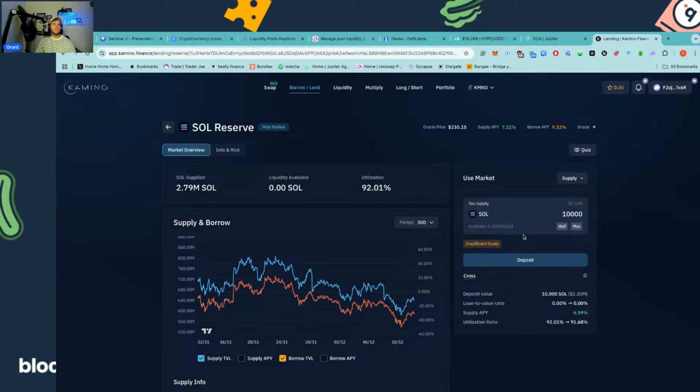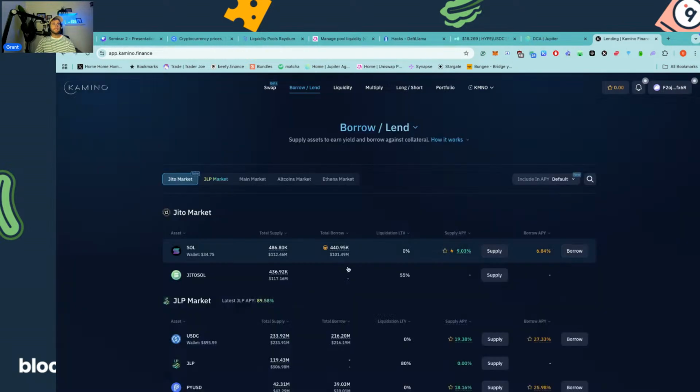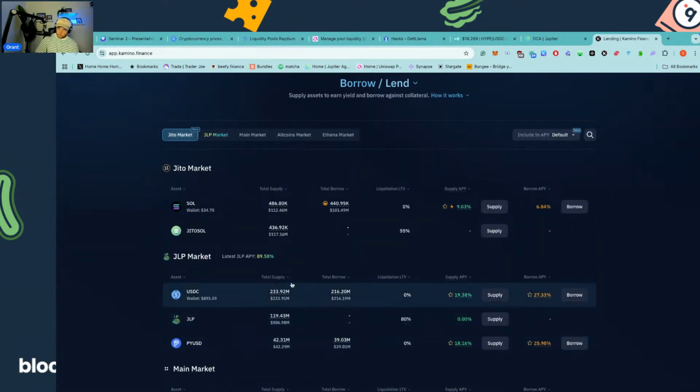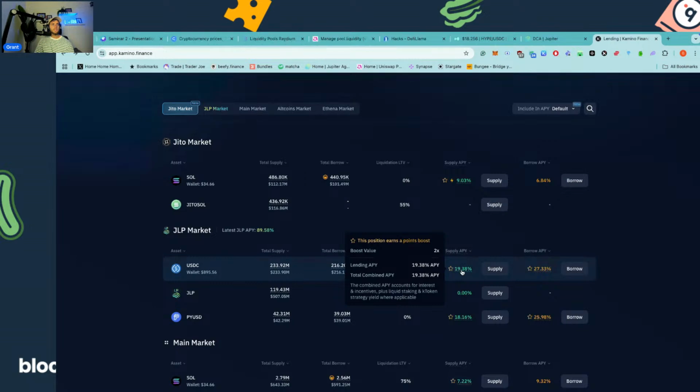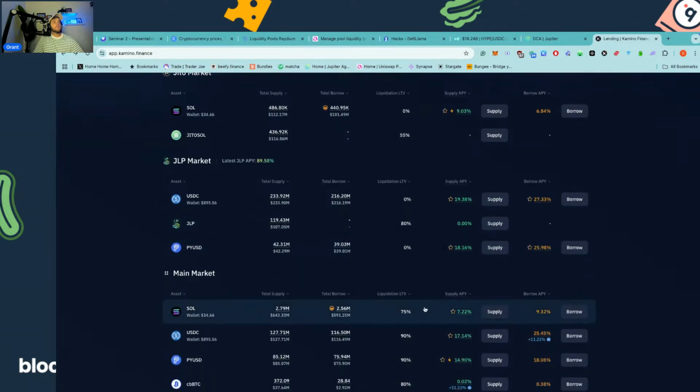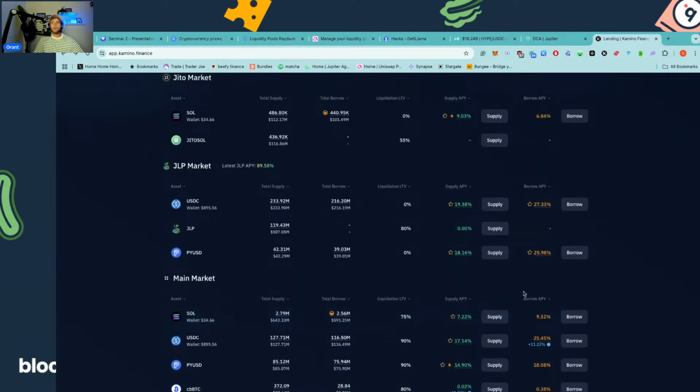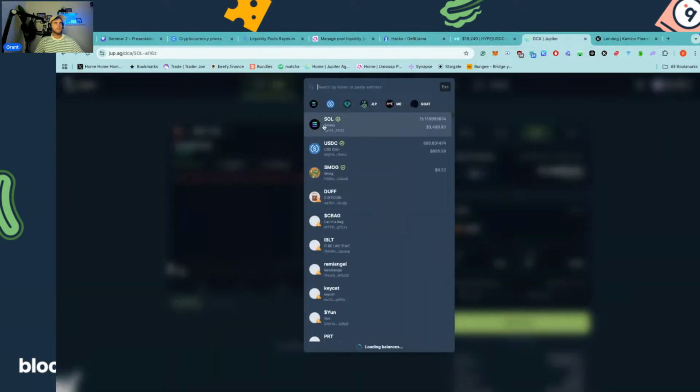So, all right, what happens if we deposit stablecoins in? We can deposit stablecoins, get a nice juicy 19% on stablecoins, which is ridiculous, really. And then what happens if we borrow Sol against it? So we deposit, let's say, $10,000 of stablecoins.